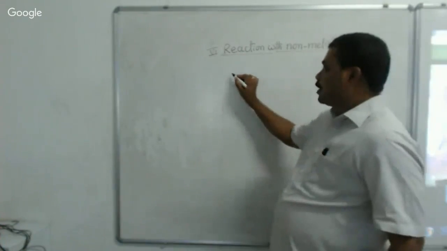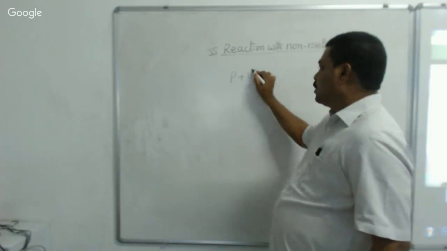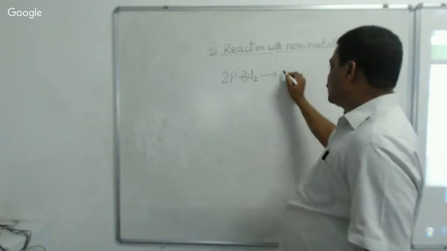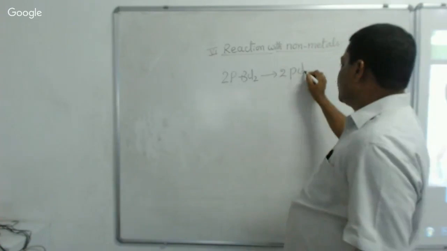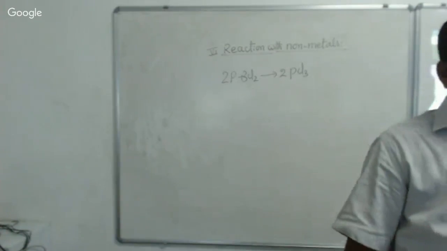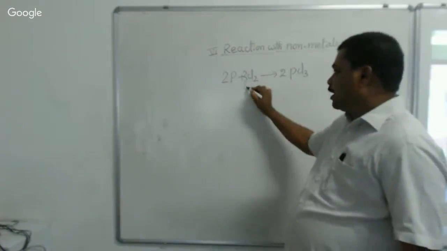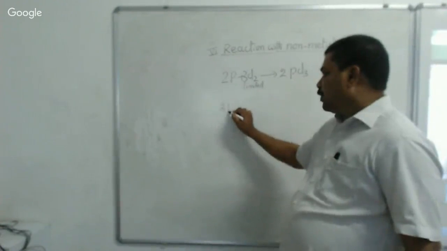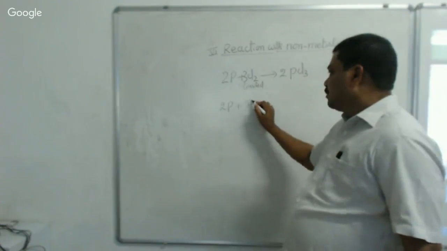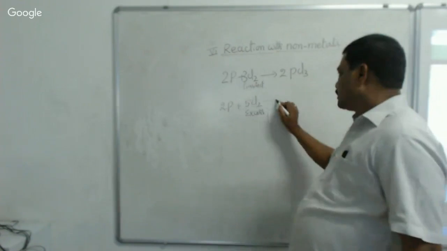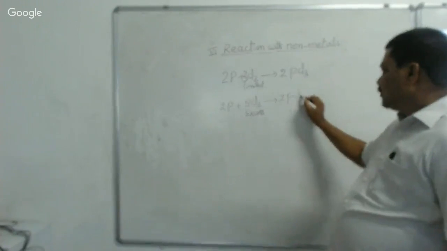So, if you react phosphorus and chlorine, 2P + 3Cl2 gives 2PCl3, phosphorus trichloride, if it is limited chlorine. Suppose the same phosphorus reacts with excess chlorine, it gives 2PCl5.